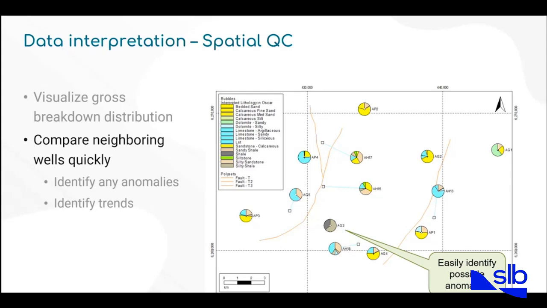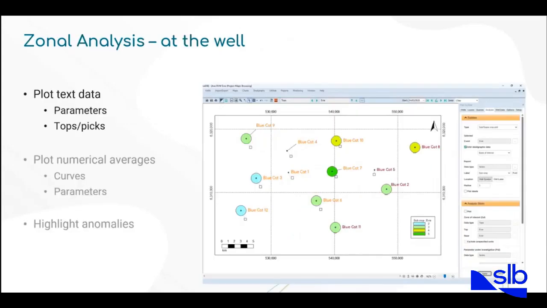That's a completely different lithology. Have I picked the wrong zone? Is the lithology wrong? Let's go take a look at that data. And you can. So like I say, we're identifying anomalies, or we're identifying potential trends. So all those wells over there have lots of sandstone in them. Okay, great, that's going to help me with my depositional environments.